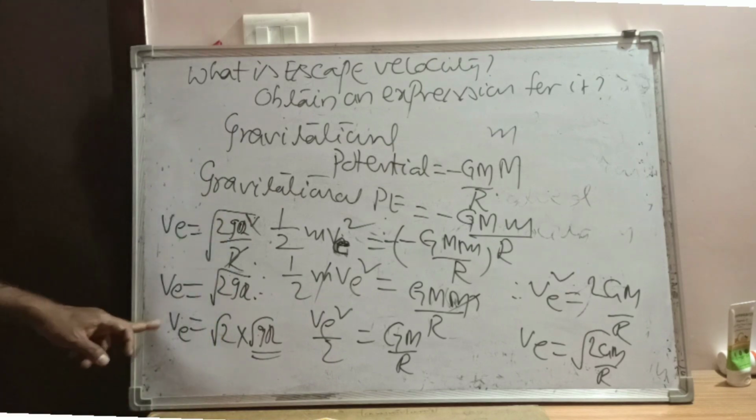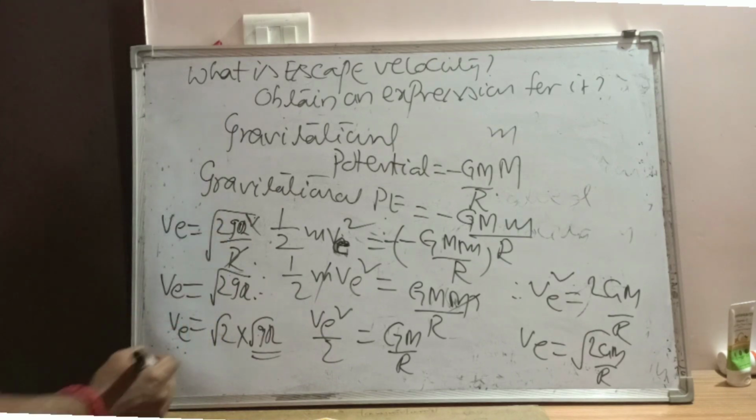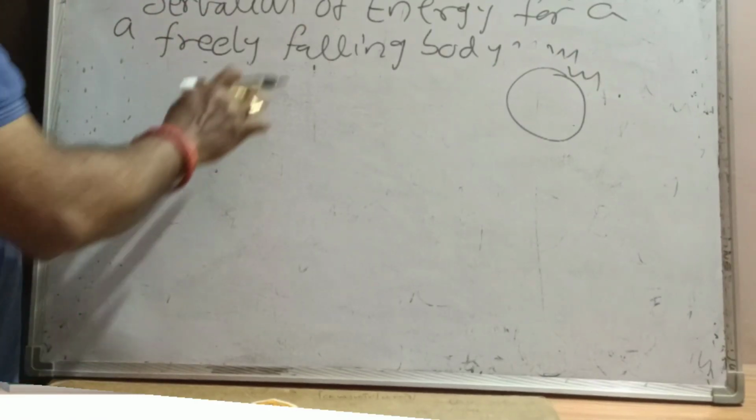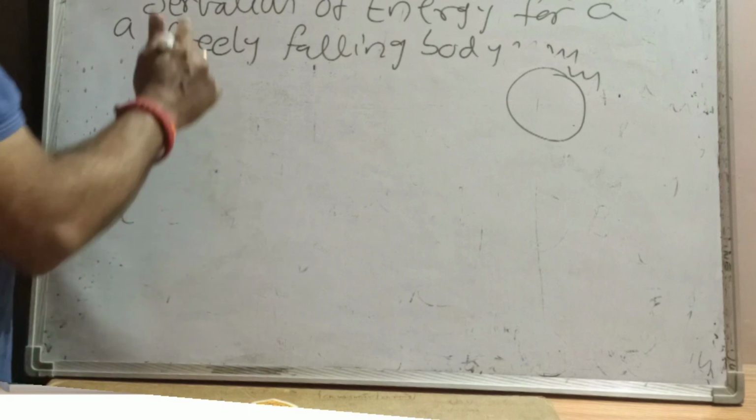Therefore, escape velocity is equal to root 2 times the orbital velocity. Its value is approximately equal to 11.2 kilometers per second.